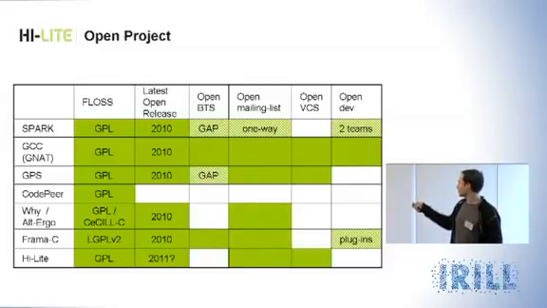And so, for example, Spark is co-developed right now between AdaCore and Praxis. And Frama-C has a plugin platform, so you can develop your own plugins and put them inside their common framework. And so I'd like to say that for Hi-Lite, we'd like to open as much as possible.